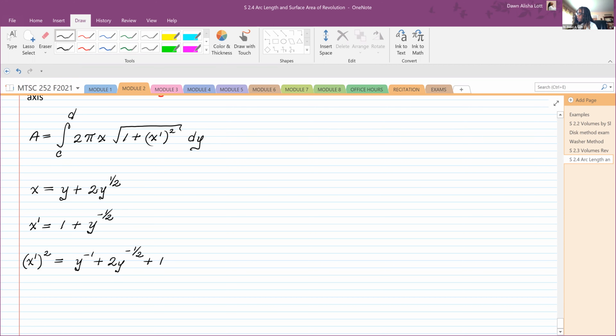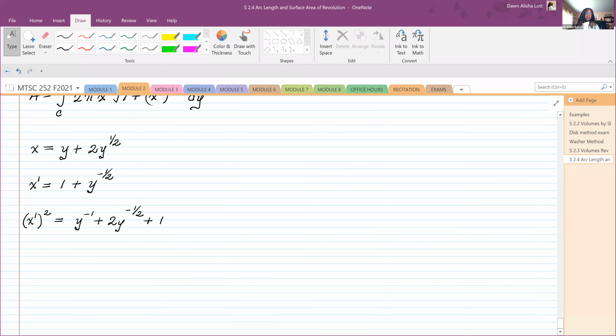Okay, what else do we do with it? So now we're going to add 1 to it: y to the negative 1 plus 2y to the negative 1/2 power plus 2.